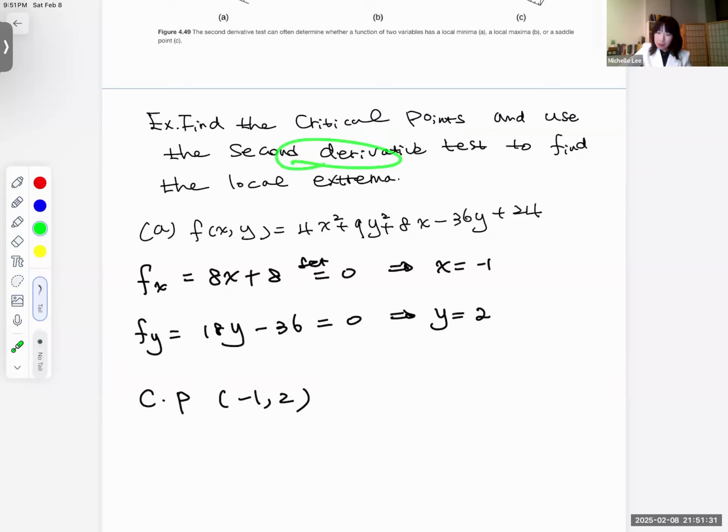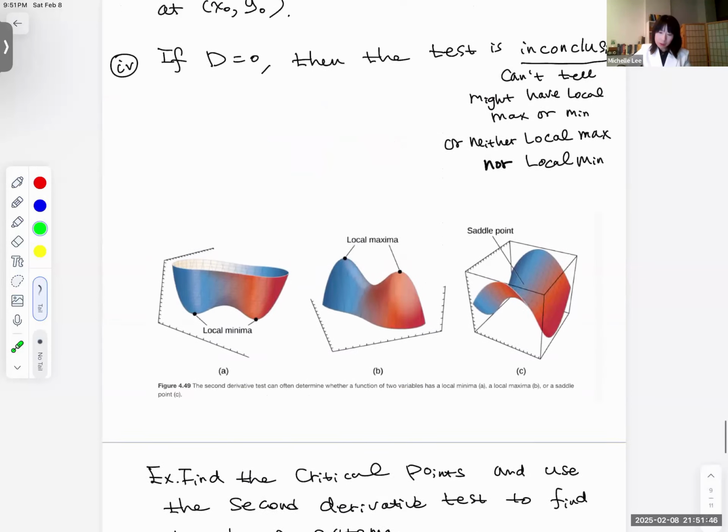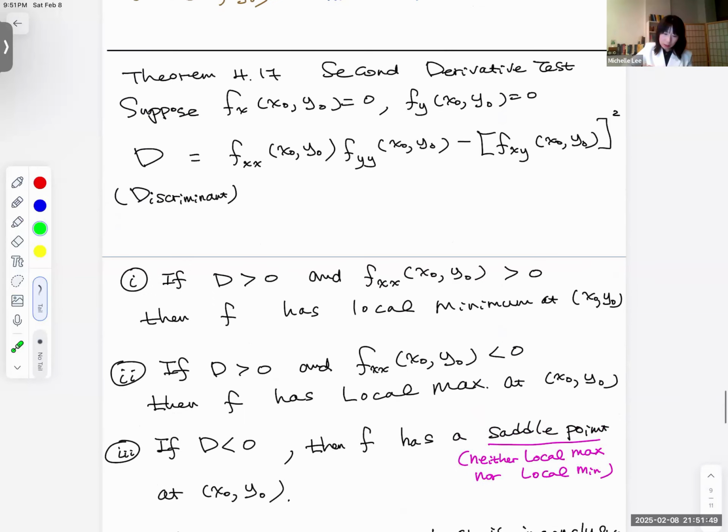And then we want to use the second derivative test, whether we have a local maximum or minimum, right? Then this one involves the discriminant, right? So what's the formula of that?